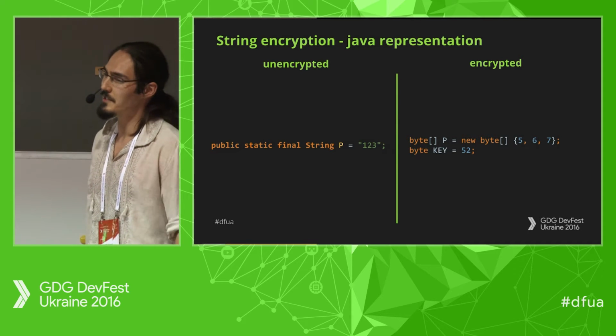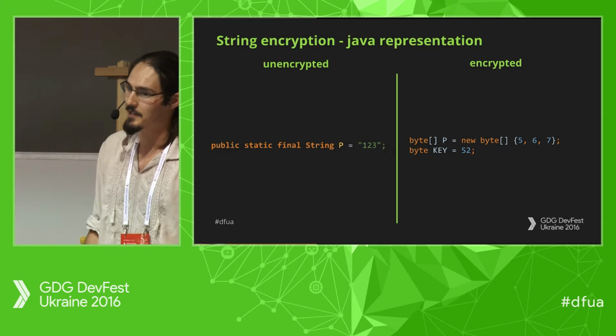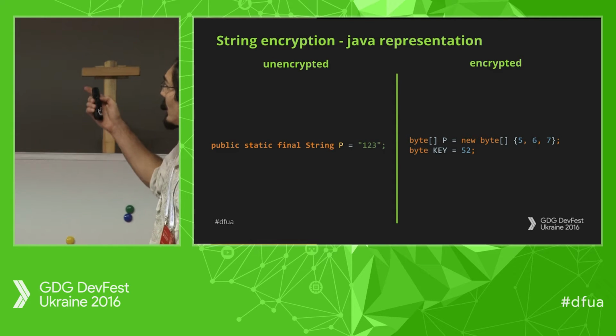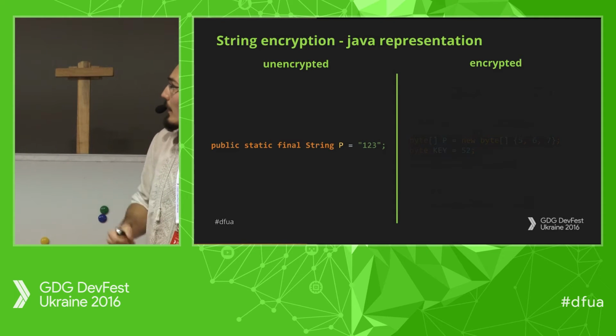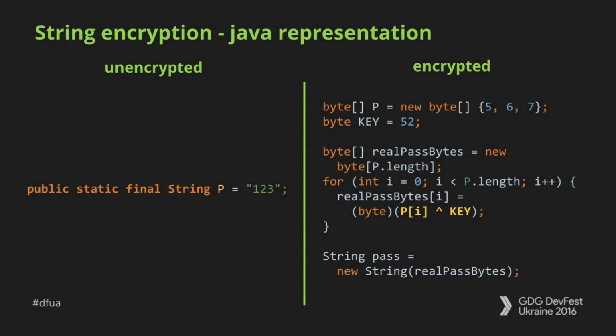And we use for this some really basic encryption. In this case, I used XOR to restore string form of this password. I iterate through this array and perform XORing again. And now we have original form of this password.